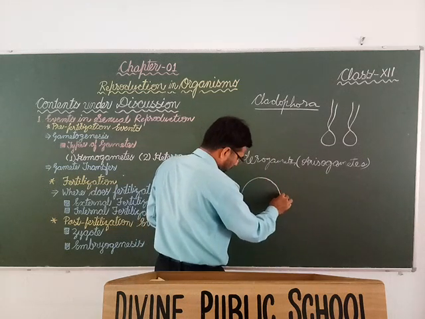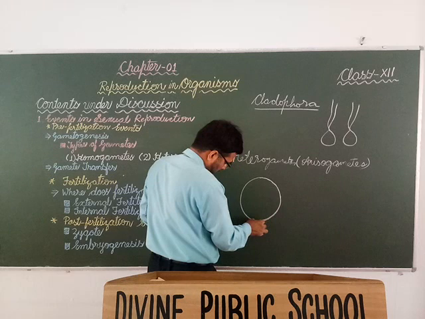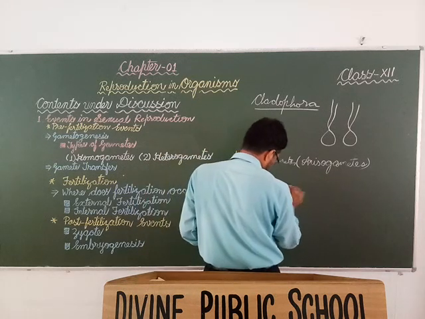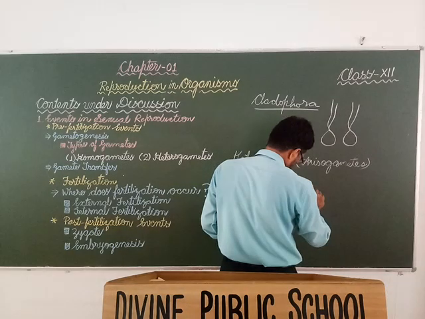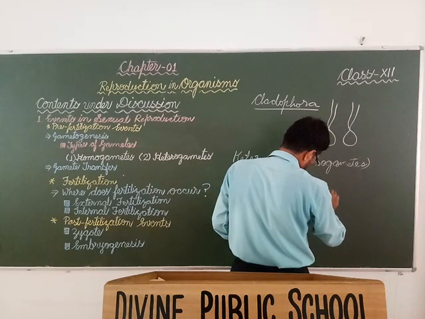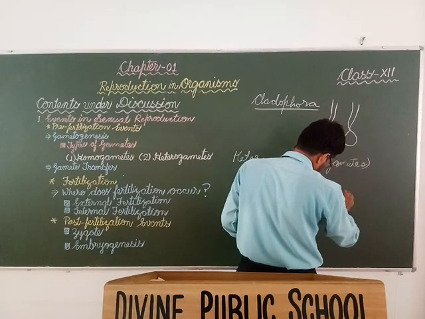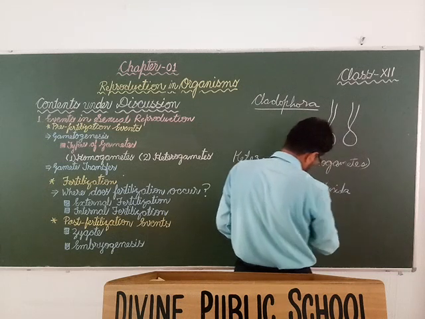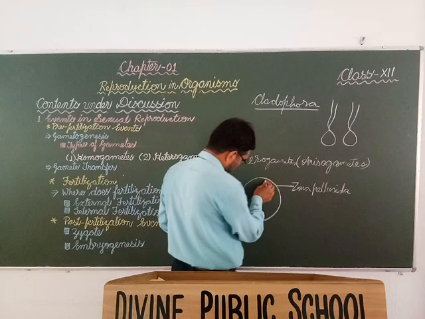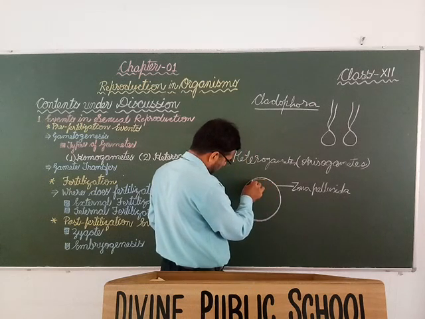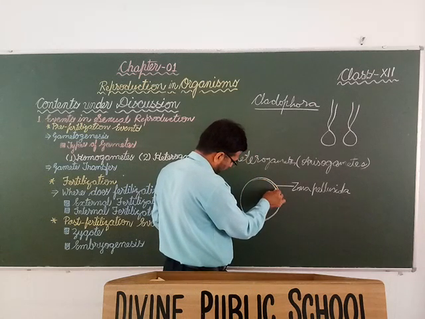This is the outermost layer, which is called zona pellucida. Now, inner to this, here is a membrane.